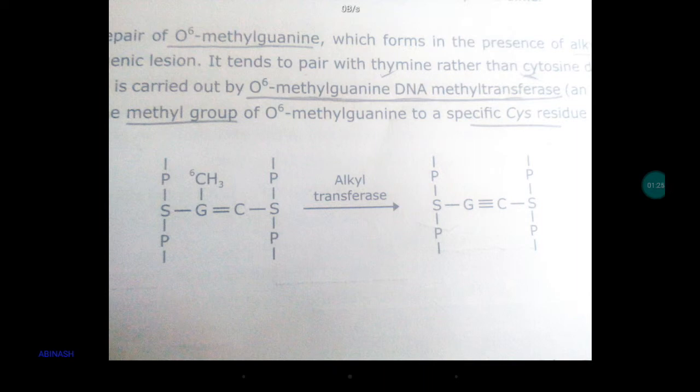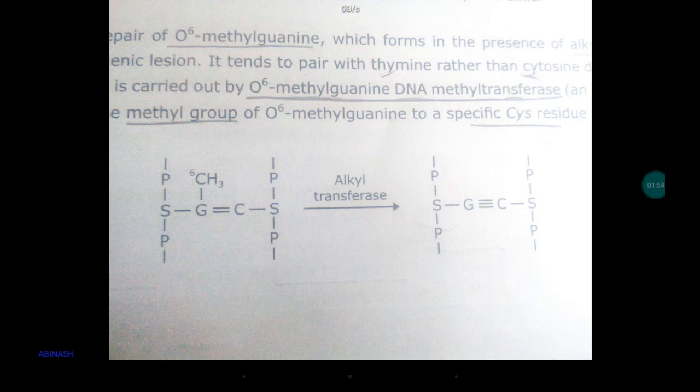If such methylation is found in guanine, it will form a base pair with thymine instead of cytosine. So the enzyme needs to remove it to prevent such mutations. The enzyme is methyl guanine DNA methyl transferase, or simply alkyl transferase.